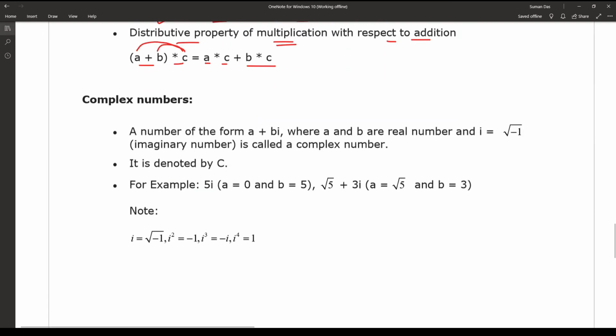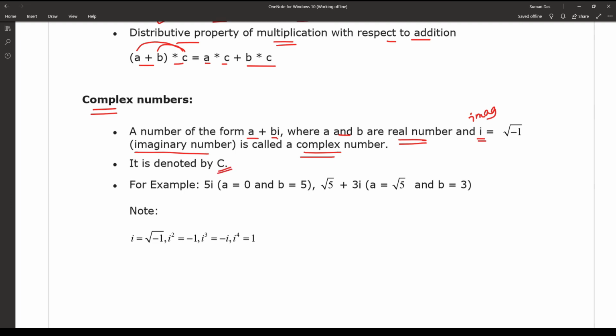And finally, the complex numbers. A number of the form a plus b into small i, where a and b are real numbers and small i is called the imaginary number, whose value is square root of minus 1, is called a complex number.